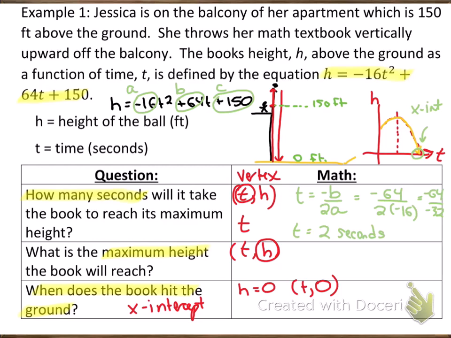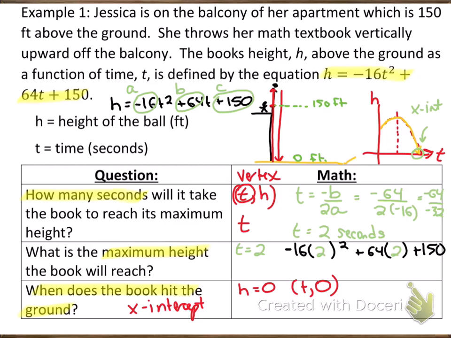Well, notice, the maximum height that it will reach, what we have to do is plug in 2 for t into that equation, right? And the equation is negative 16t squared plus 64t plus 150, okay?